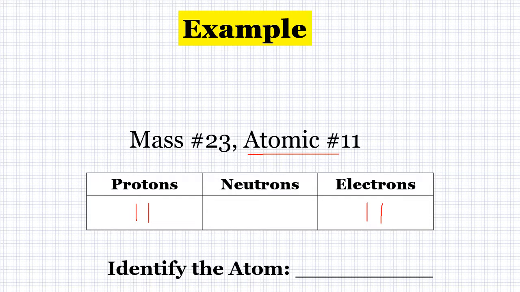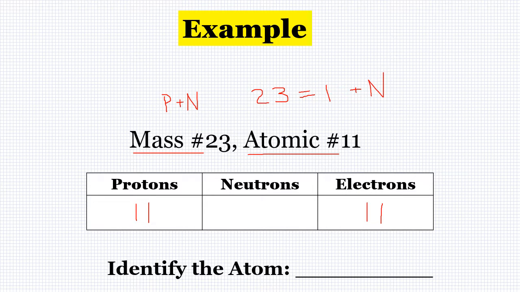Now, to get the neutrons, remember the mass number is equal to the protons plus the neutrons. So we know the mass number is 23, so that number is going to be equal to the number of protons plus the number of neutrons.